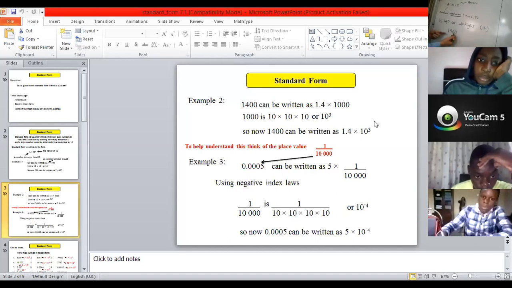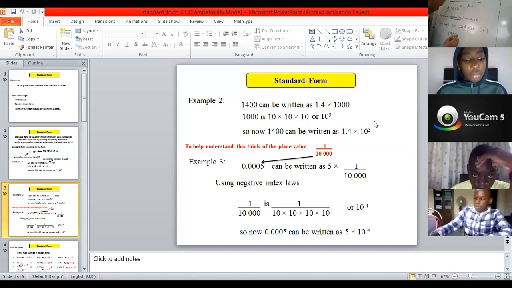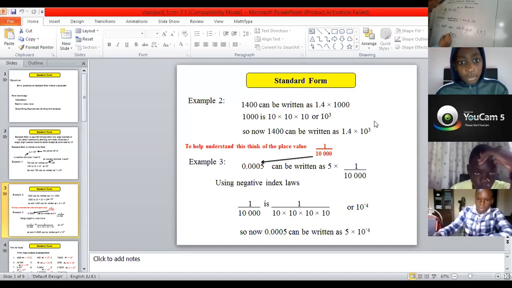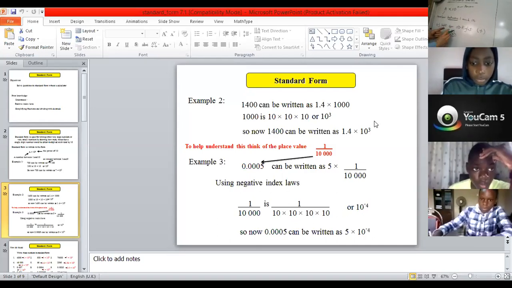So when you want to write it in standard form, you shift the decimal point backwards, and you must leave a particular number before the decimal point. If I move my decimal point from here, because this is a whole number, I move it the first time, the second time, and the third time. So 1, 2, 3. Now these numbers that I've written on this curve represent the power to which my 10 will be raised.